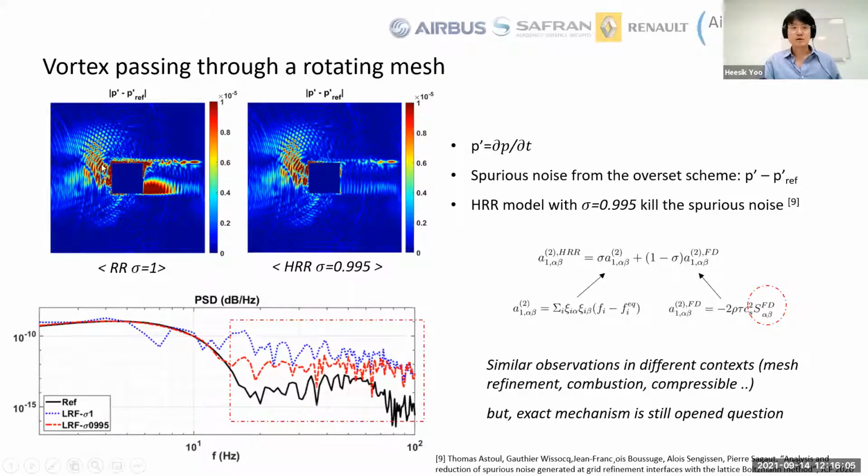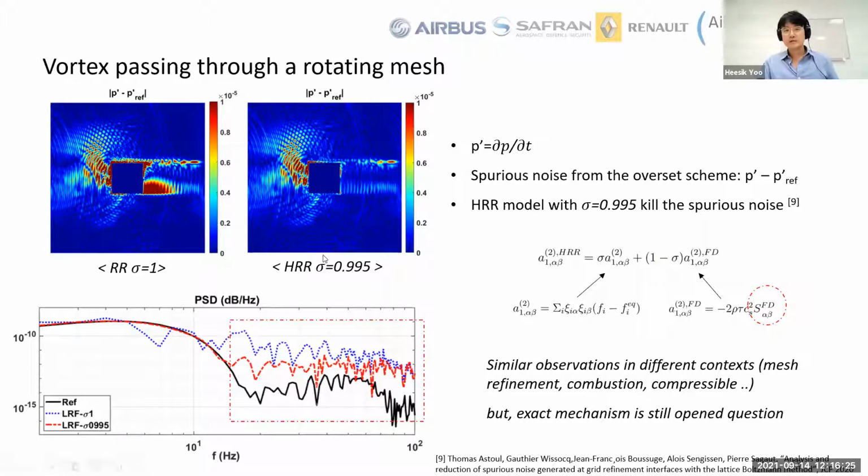As you can see, the noise is generated near the border and flows through the field following the free stream velocity. But when I reduce the sigma from 1 to 0.995, it shows that it killed some amount of spurious noise.